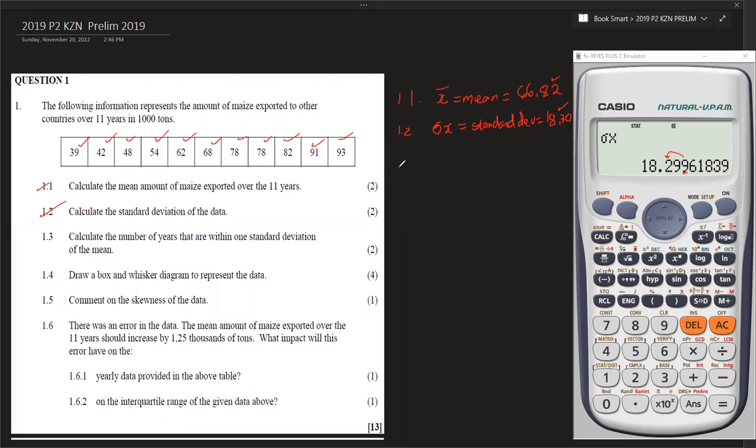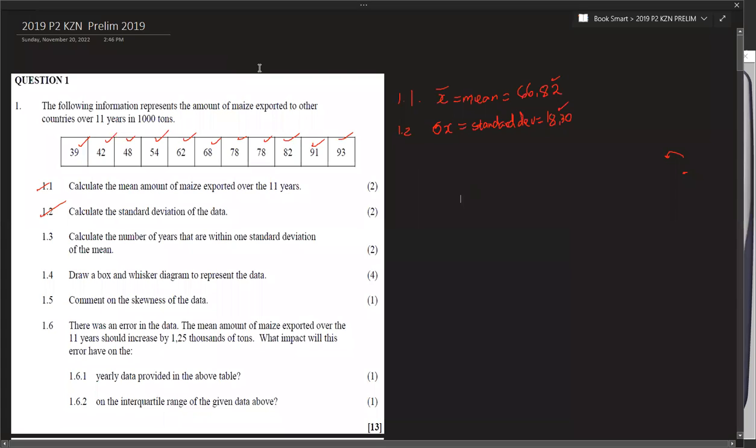Okay, let's go to 1.3 now. Here on 1.3, they say we have to calculate the number of years that are within 1 standard deviation of the mean. This is the most important interval that you should know.